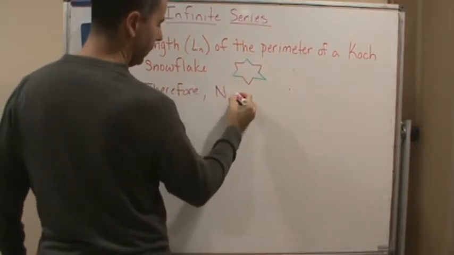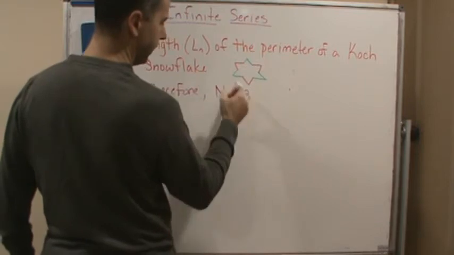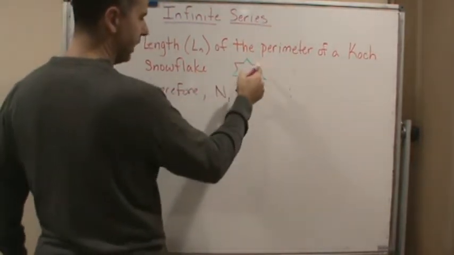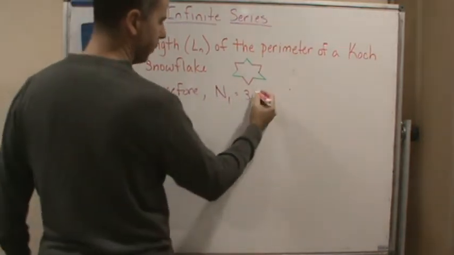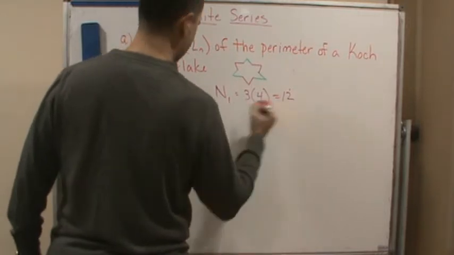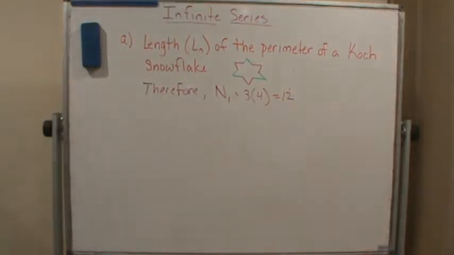So then N1 is equal to 3, because we start at 3 sides of the triangle, but now each side of that triangle we're replacing with 4 sides, so it's going to be 3 times 4, which equals 12. Okay, so 4 times 3.